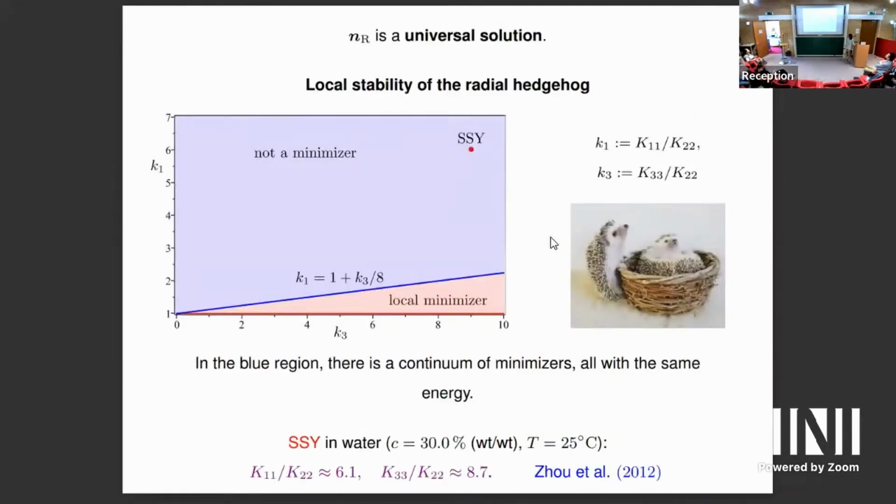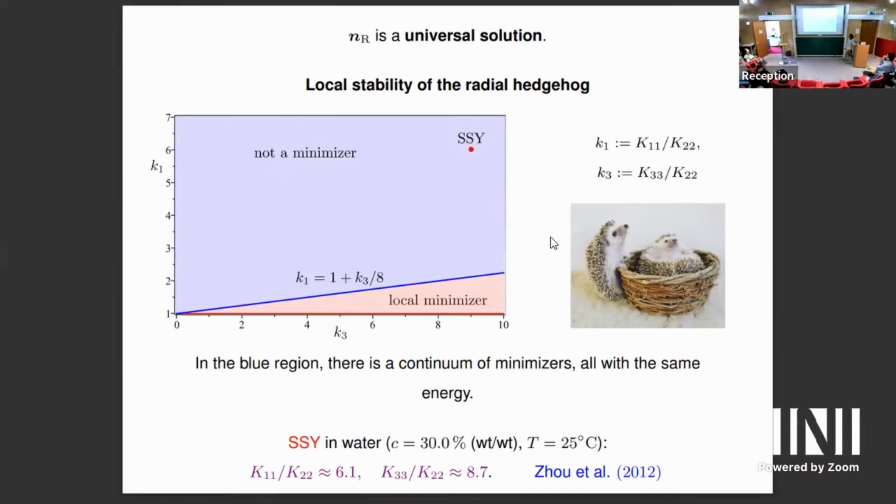And we interpret this twisted hedgehog as the director orientation which replaces the radial hedgehog when it becomes unstable. The radial hedgehog is the universal solution, since it solves the equilibrium equations of every functional with a frame-indifferent free energy density.